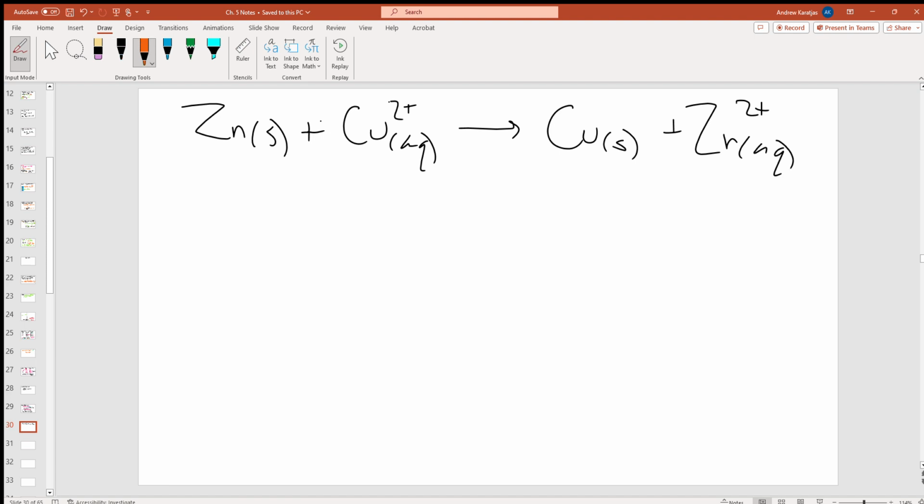The zinc, we said zinc is losing electrons, so it's being oxidized. The zinc is also here known as our reducing agent. It's our reducing agent because it's the substance that causes a reduction to occur by donating its electrons.